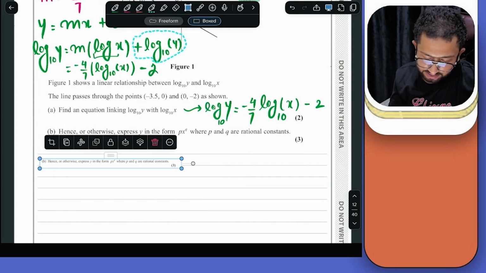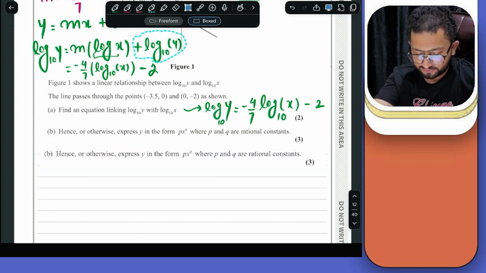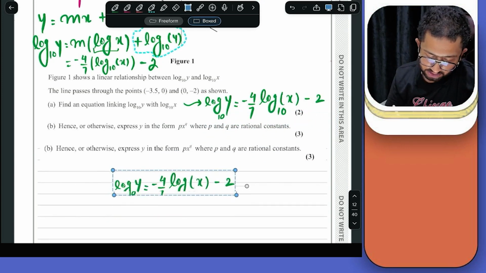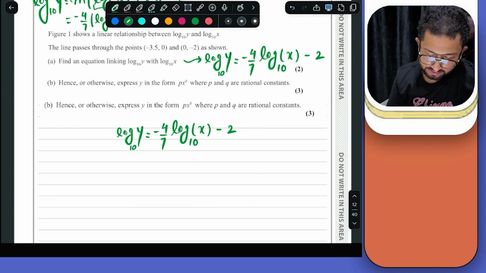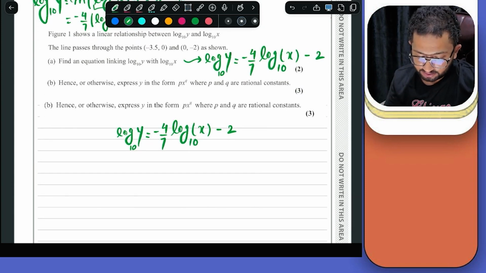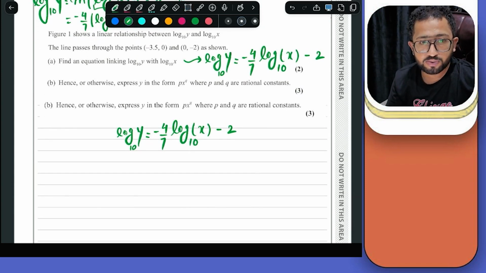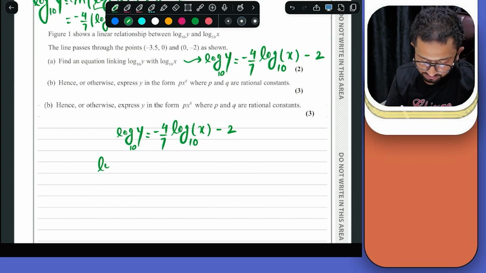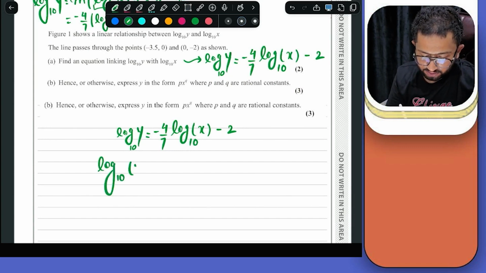Hence or otherwise, express y in terms of px raised to power q, where p and q are rational constants. Okay, so let's shift this one into the form of px raised to power q. So how can we make y the subject?